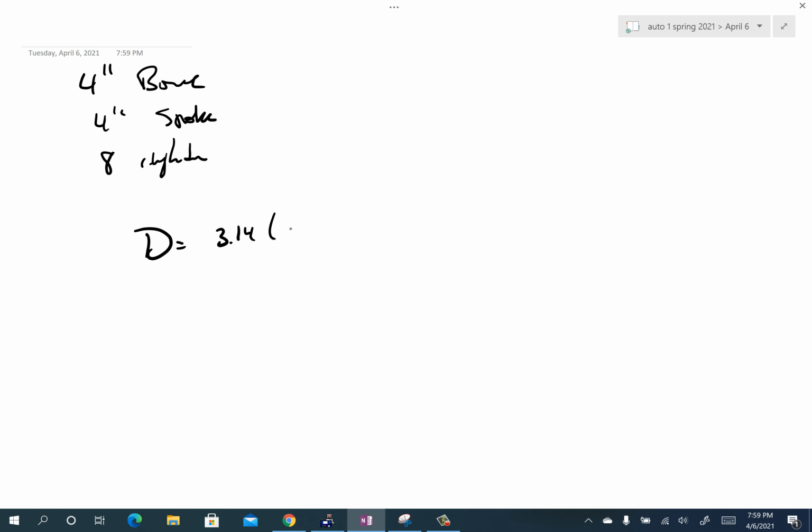Oh, let's do one like this one, Mr. Groom. Oh, come on, Mr. Groom, you can do it. 4-inch bore, 4-inch stroke, 8 cylinders. So displacement is going to equal 3.14 times 4 squared divided by 4 times 4 times 8.